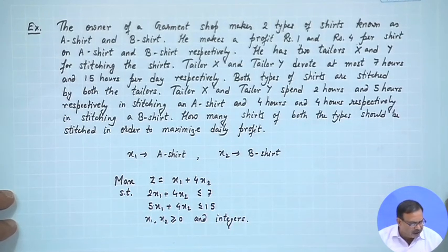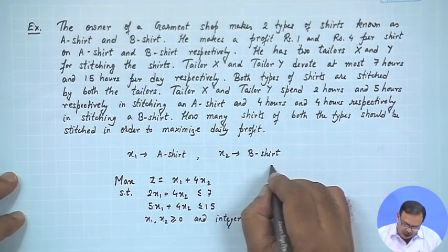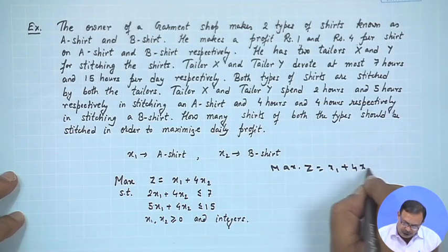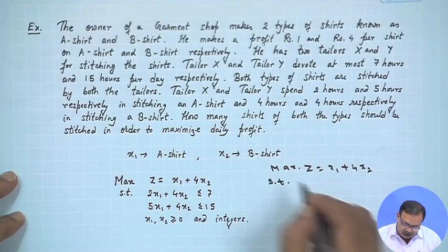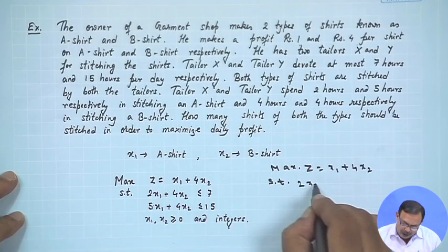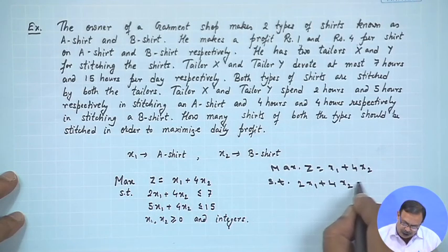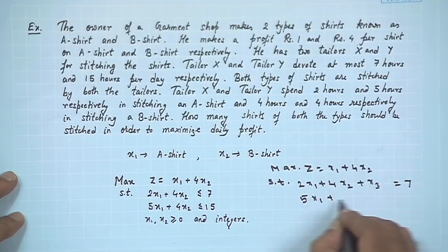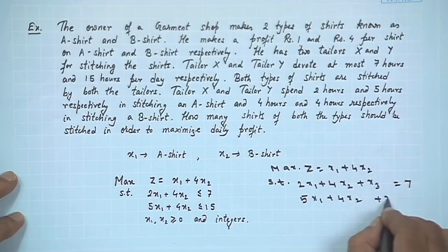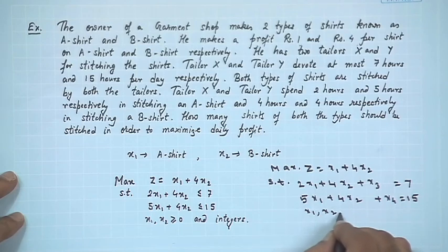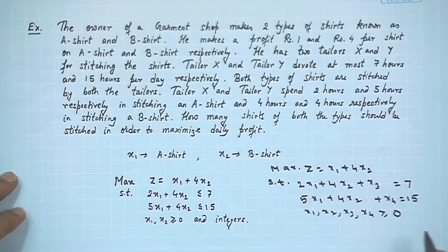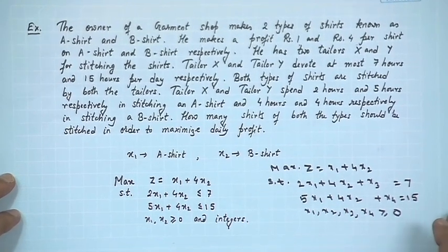So, once you are writing it in the standard form, you can write maximize z equals x1 plus 4 x2 subject to, again using slack variables, 2 x1 plus 4 x2 plus x3 equals 7, 5 x1 plus 4 x2 plus x4 equals 15 and x1, x2, x3, x4 greater than or equal to 0, where x1 and x2 have to be integers.